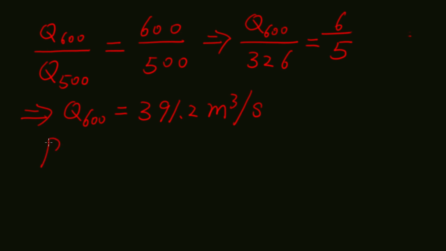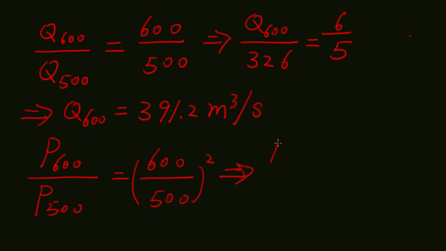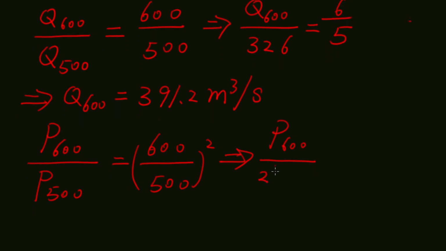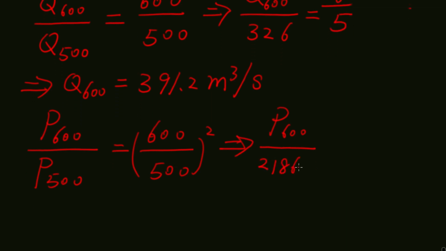For pressure, the pressure at 600 RPM divided by the pressure at 500 RPM equals 600 divided by 500, squared. The pressure at 500 RPM we have calculated in question 6. That's 2186.1 Pascal, times 6 divided by 5 squared.